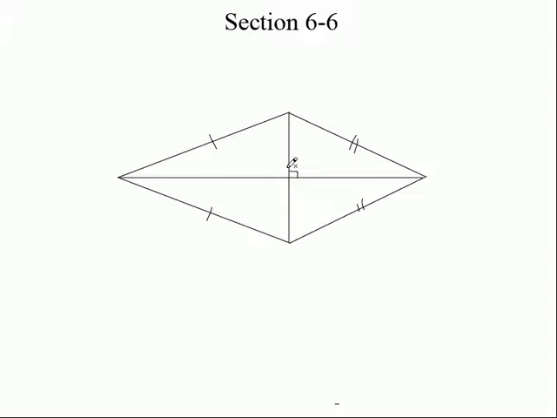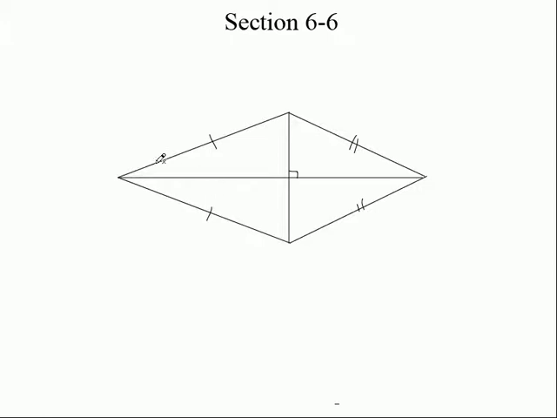And if a quadrilateral is a kite, then exactly one pair of opposite angles are congruent. Exactly one pair are congruent, which means it would be the one in between the two. Well, let's see. How would I say this? Exactly one are congruent.